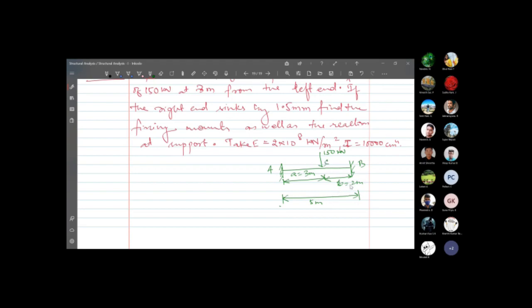Here it is saying that if the right end sinks by 1.5 mm, this right end is sinking by 1.5 mm. So previously it was here, now the support is here. So this distance, that is delta equals to 1.5 mm.